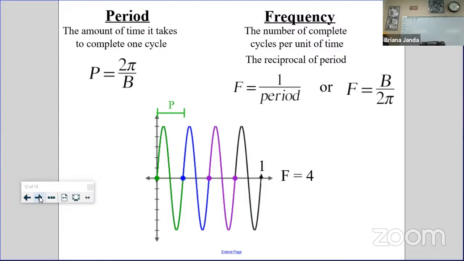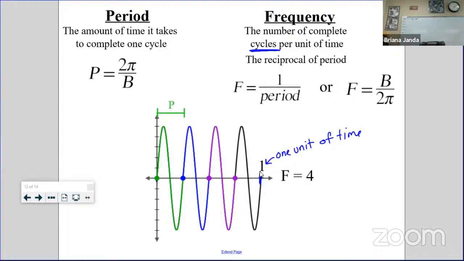Frequency says that at 1 unit of time, so on my graph, at 1 unit of time, whatever that time is, a day, a year, a minute, however they're measuring time, in that 1 unit, how many complete cycles, curves, did we complete in that unit of time?